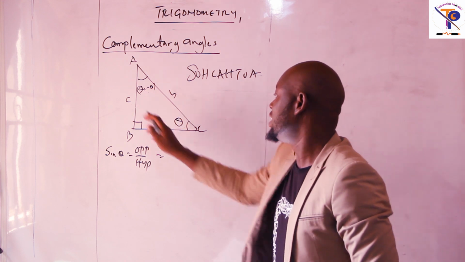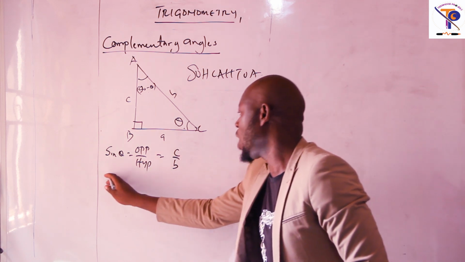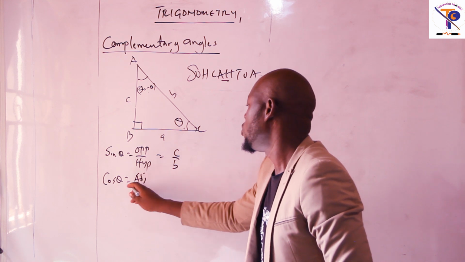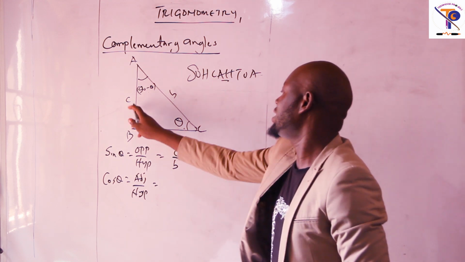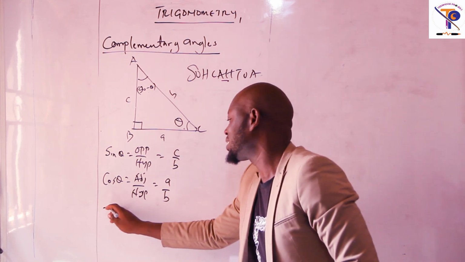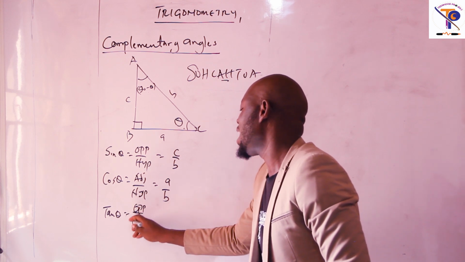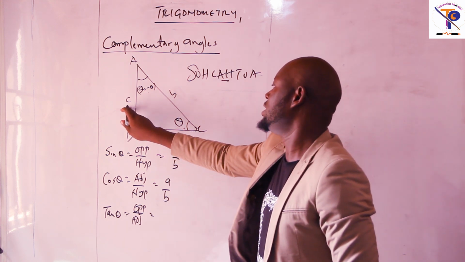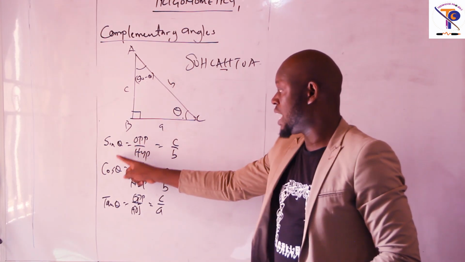Our opposite here is C using this theta, then our hypotenuse is B. So cos theta, that means adjacent over hypotenuse, will be equal to adjacent, that is A, against B, A over B, and our tan theta, that is opposite over adjacent, will be equal to C over A. So we have finished this side with the sine, cosine, and tangent.